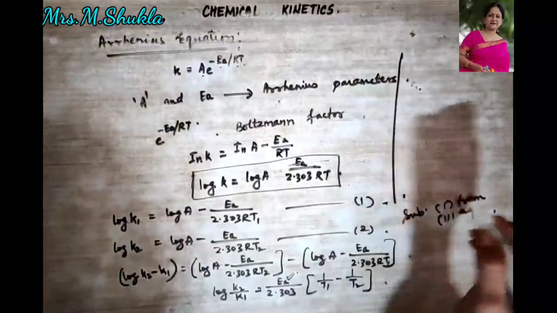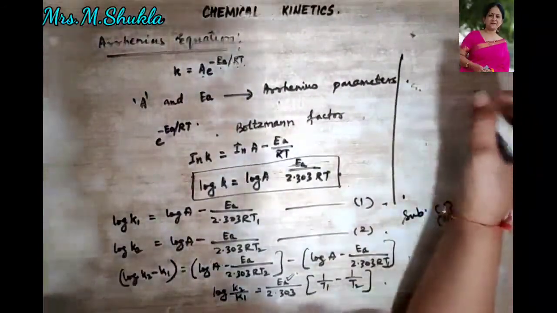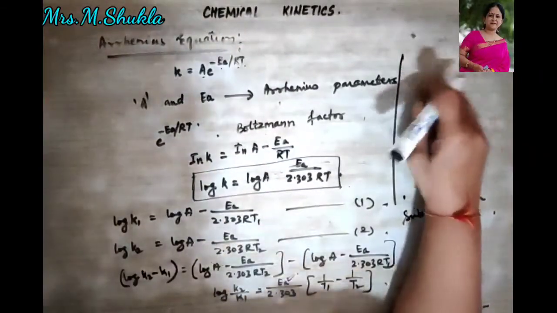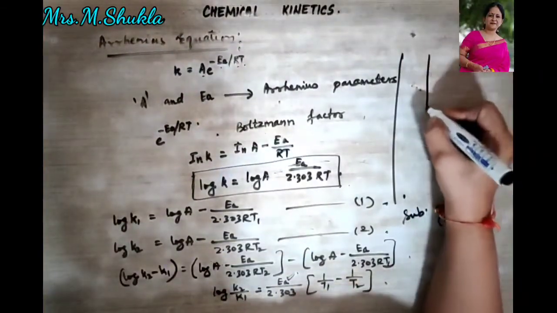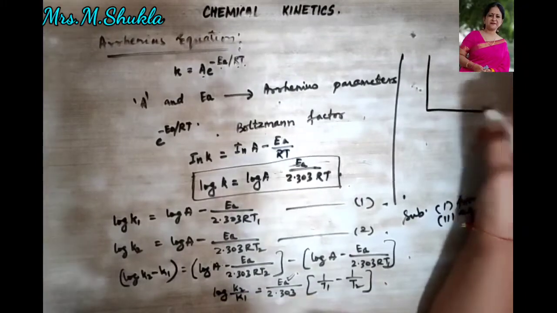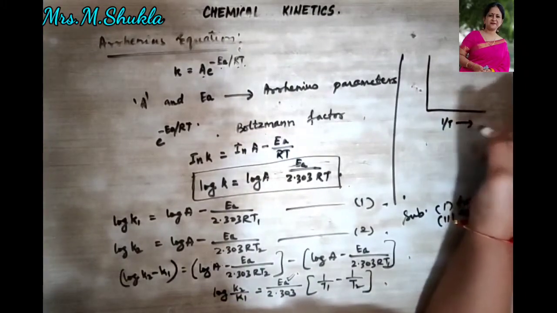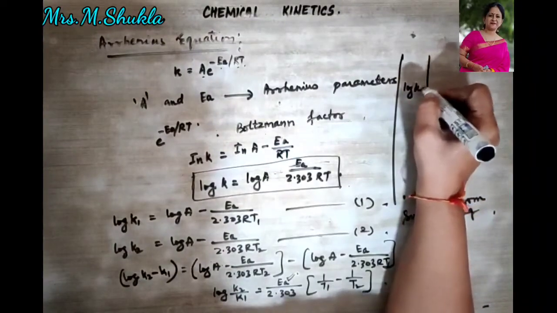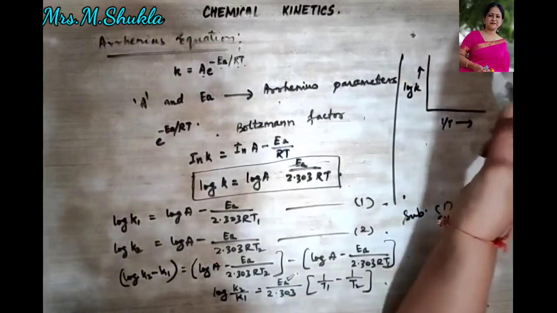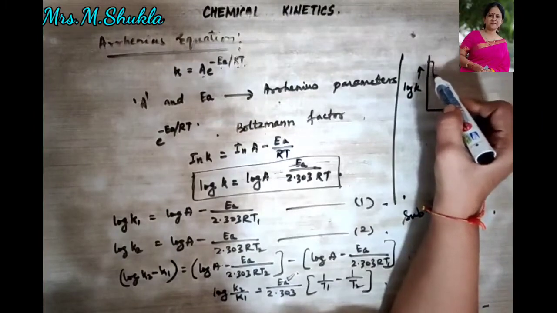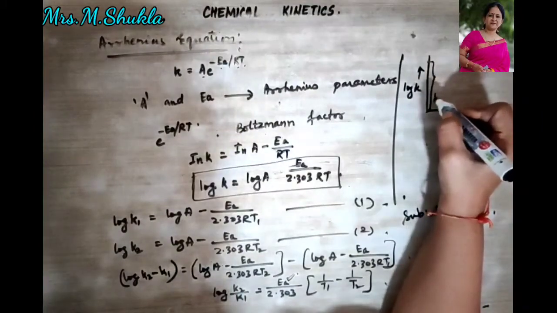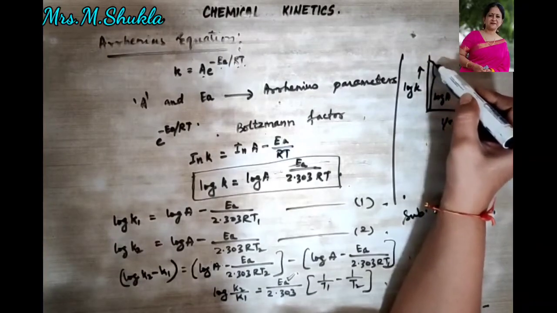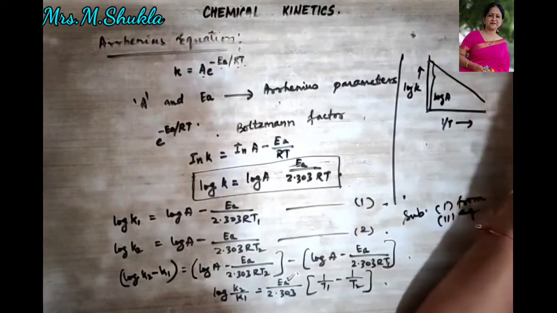Now let us see how to calculate the activation energy by the graphical method. So let me first draw the graph. If this is 1 by T on your x-axis and this is your log K on your y-axis, and this is your log A, then the slope that you are going to find is something like this, right?